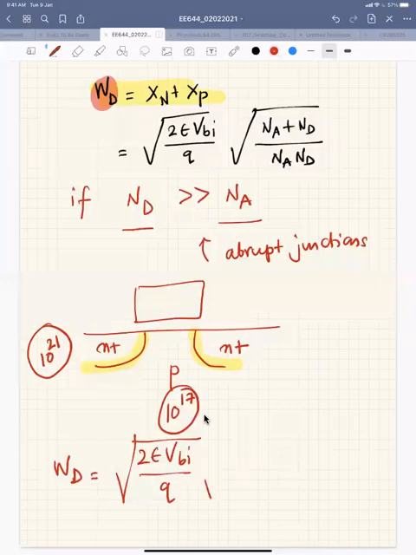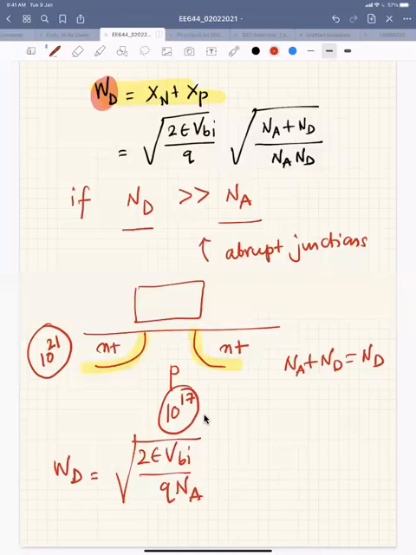If ND is much higher than Na, then Na plus ND is ND, and you could just get 1 by Na. So I could put that inside here, and I could write QNA, right?